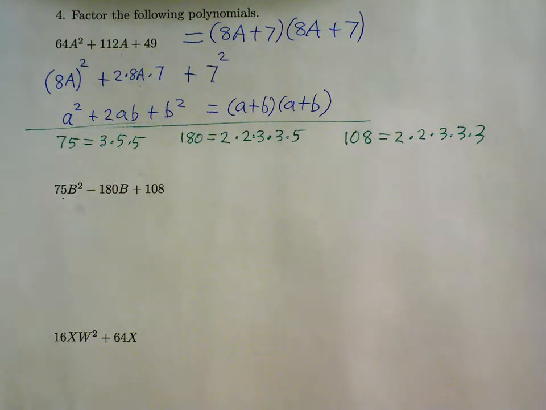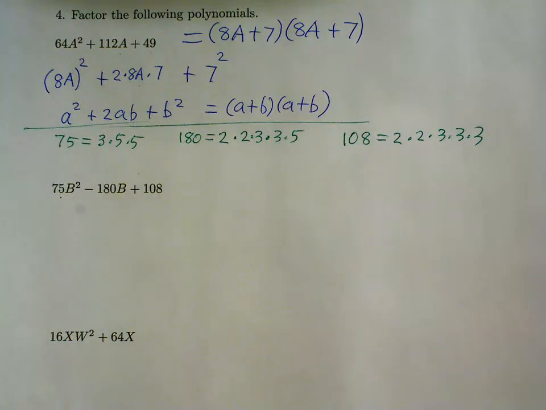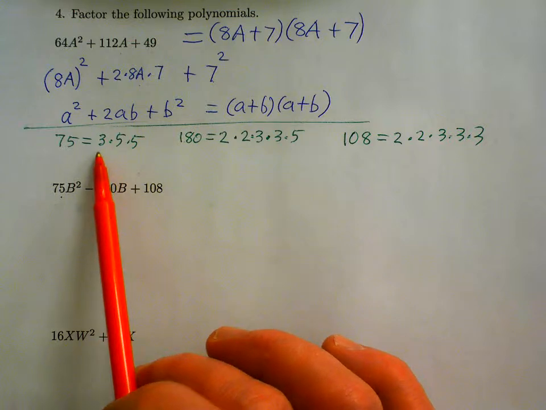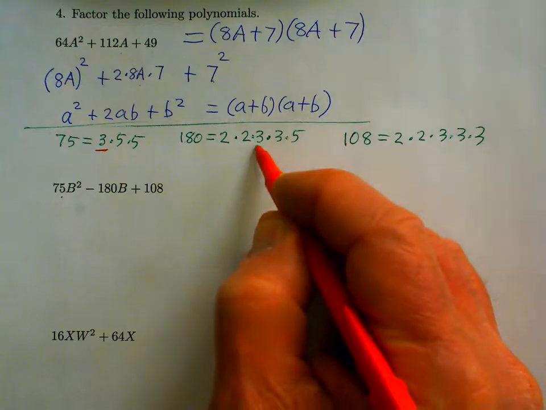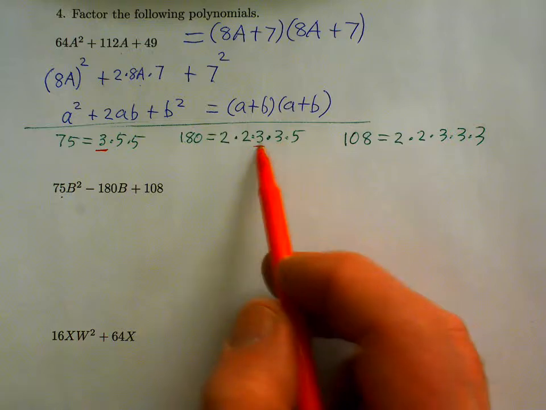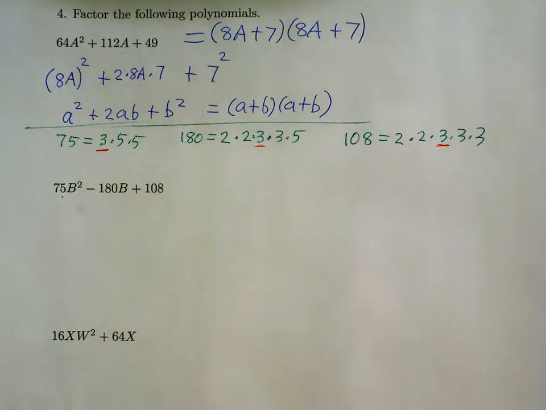So if we just look at the prime factors of each of those 3 numbers, we're looking for the factors that are common to all 3. Yeah, 3 is the greatest common factor. 3 is a factor of 75. A factor of 3 is a factor of 180. So each one of those numbers has a factor of 3 in common.